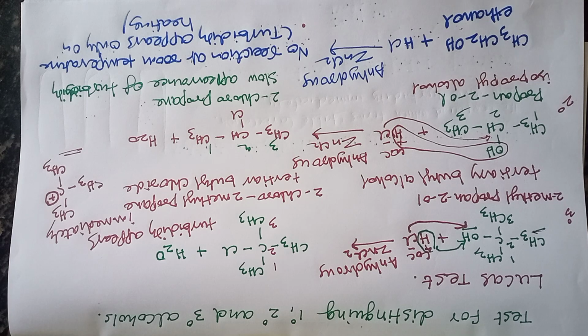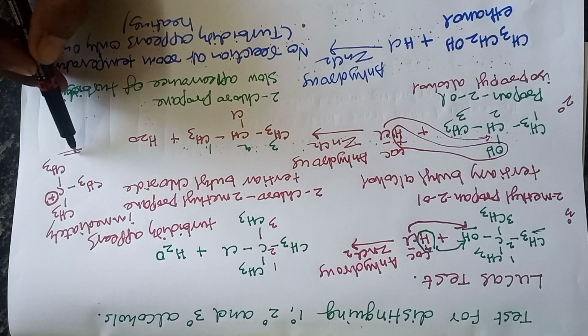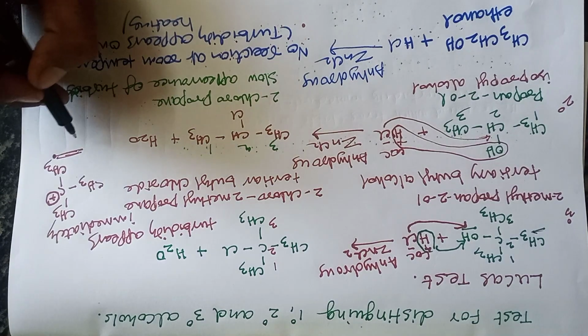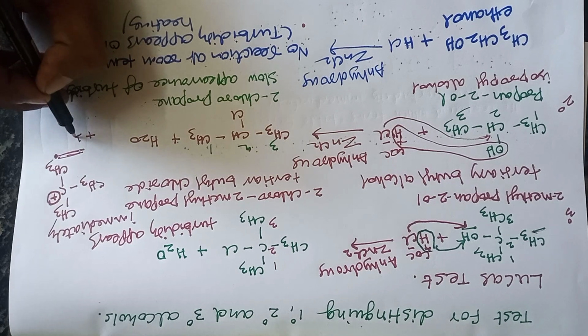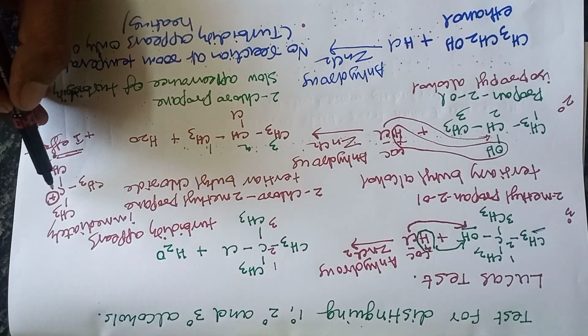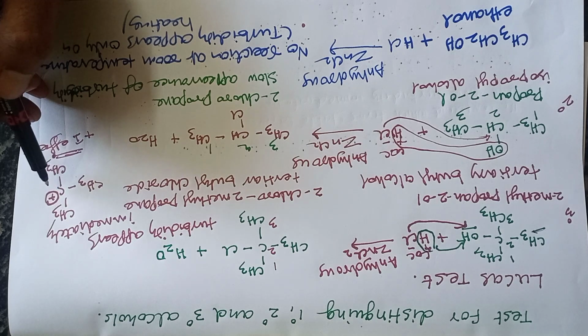So these are all important NEET oriented 1 mark questions. What is Lucas reagent? It is a mixture of conc. HCl and anhydrous zinc chloride. Why does tertiary alcohol form turbidity immediately? Because it forms a more stable carbocation due to the plus I effect, which increases the positive charge on the carbon center.